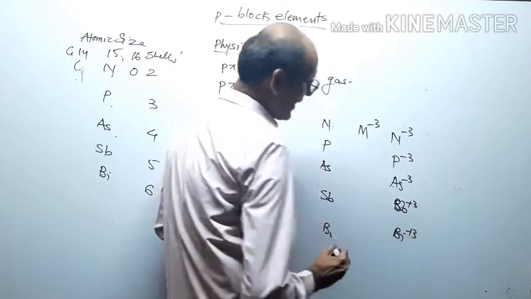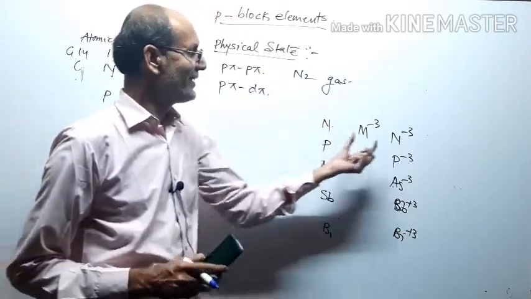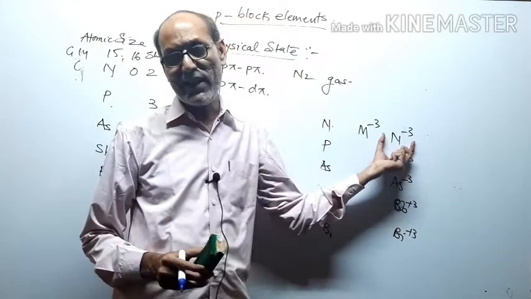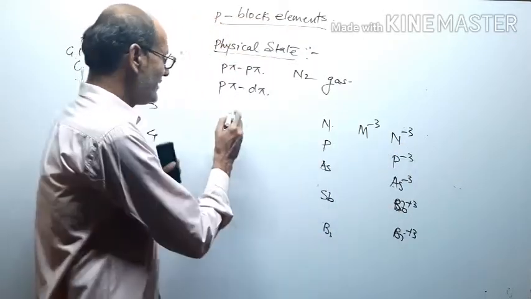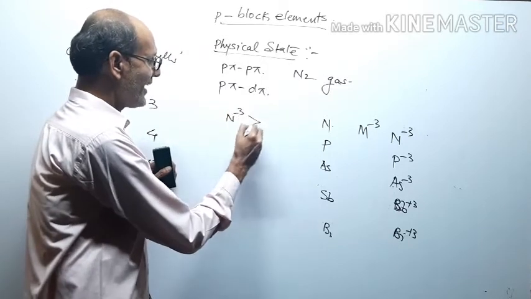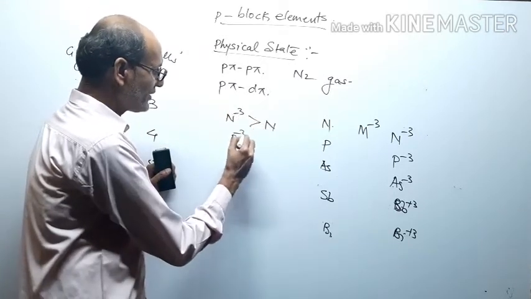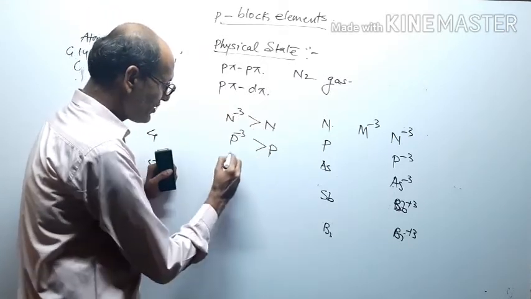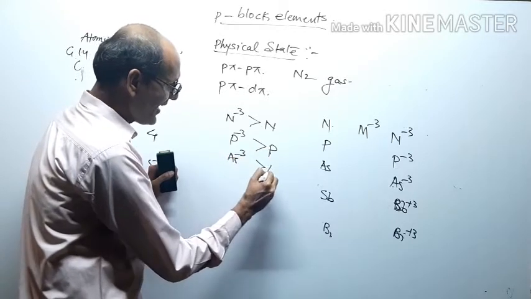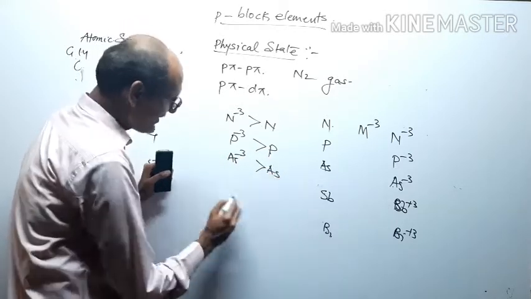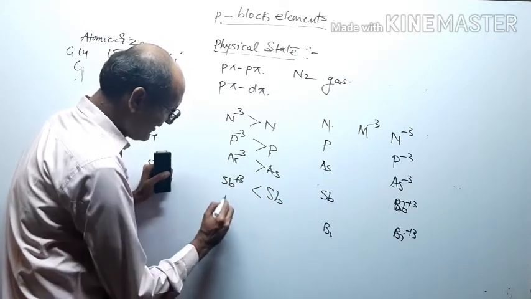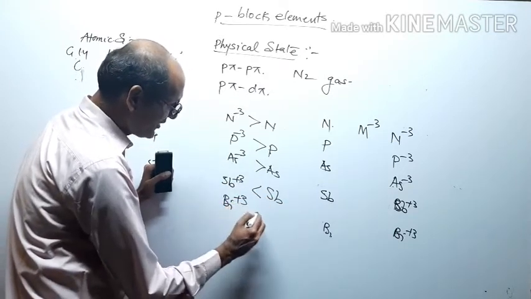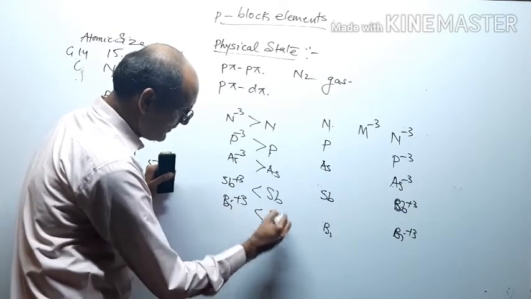So dear student, what do you observe? The negative ions have a larger size in comparison to the parent atom. That means N3- is greater than N, P3- is greater than P, As3- is greater than As, but Sb3+ is smaller than Sb, and Bi3+ is smaller than Bi.